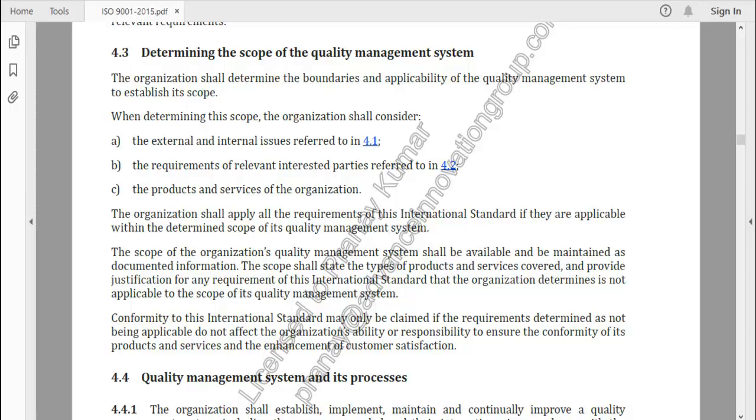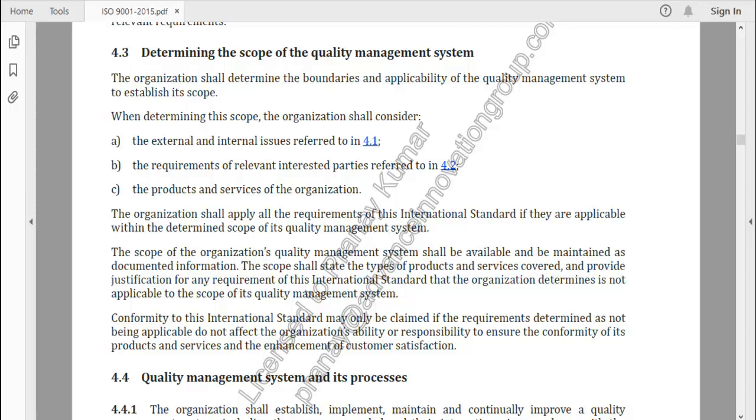Conformity to this international standard may only be claimed if the requirements determined as not being applicable do not affect the organization's ability or responsibility to ensure the conformity of its products and services and the enhancement of customer satisfaction.